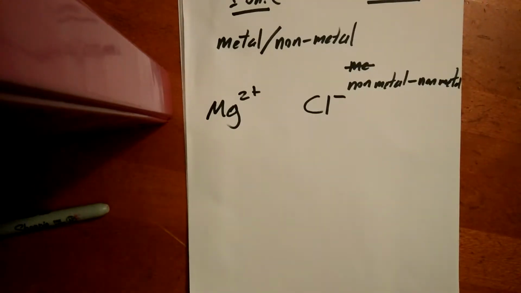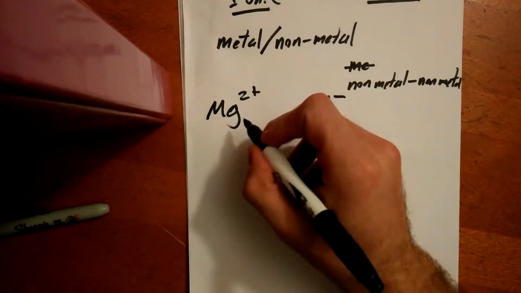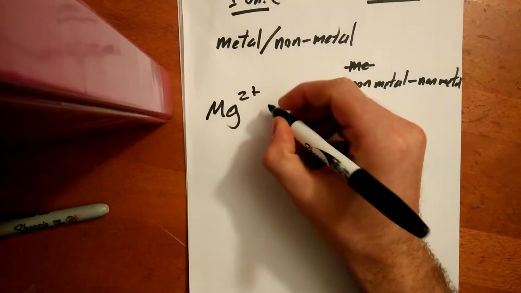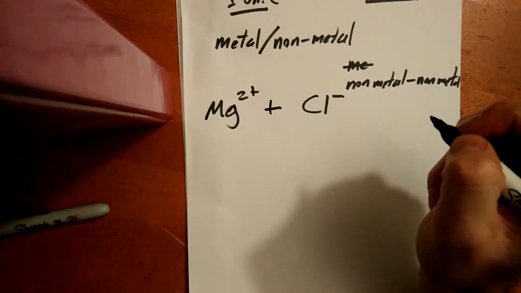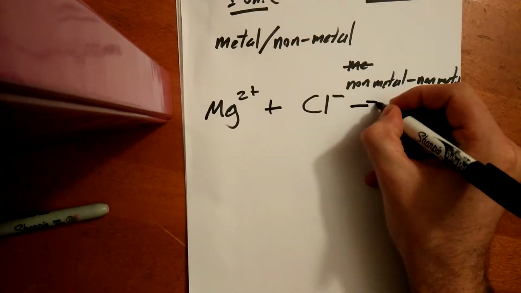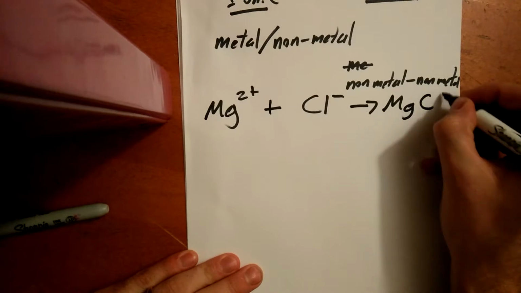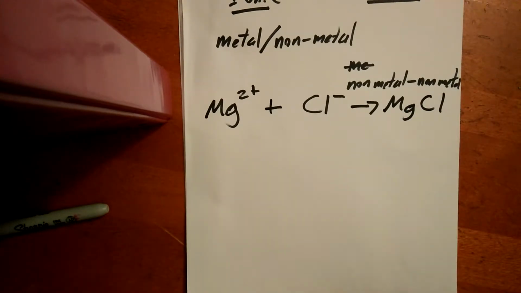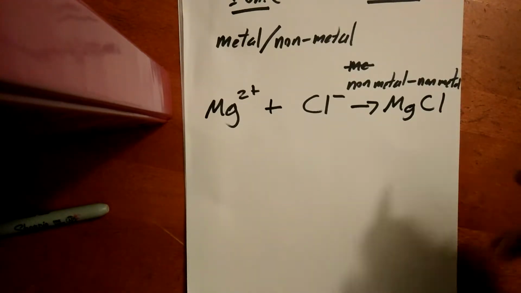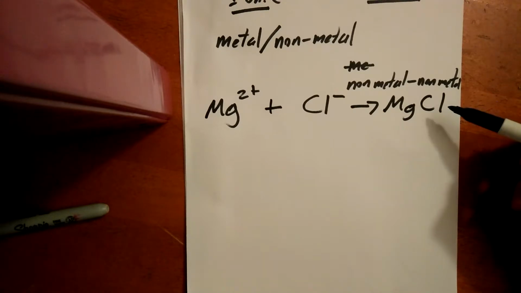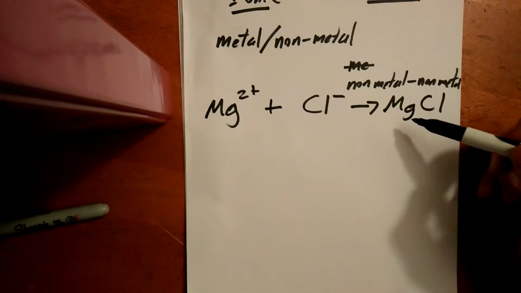So back looking at this, if we were combining our magnesium and our chlorine, we know those are going to make magnesium chloride. But when we're doing that, we need to know how many atoms of chlorine there are and how many atoms of magnesium there are.